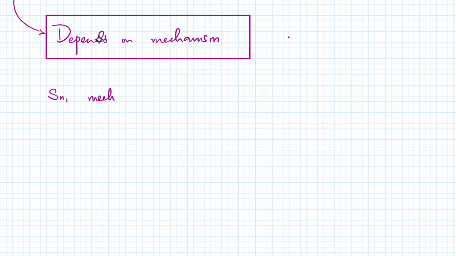Not sure if you remember this. This one was for tertiary halogenoalkanes. I'm going to just tell you what the mechanism is. So in tertiary halogenoalkanes, this was the overall reaction. I'm going to draw the overall reaction first.